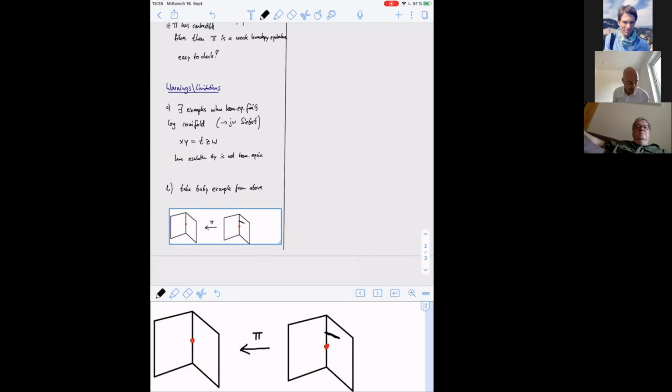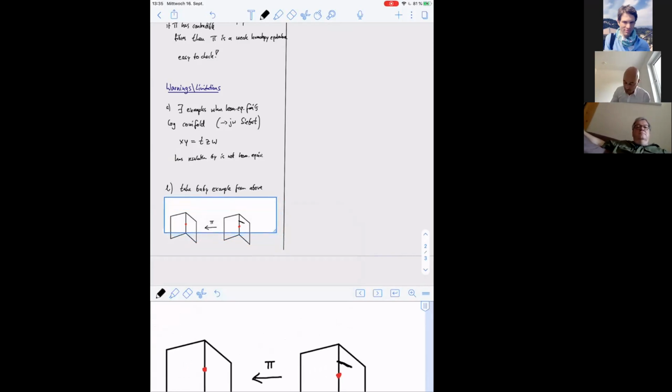Then you see that's not a homotopy equivalence. Blowing up elsewhere is not a homotopy equivalence. And of course you can combine them: you can resolve the log singularity and then blow up somewhere else, or blow up too much. You don't get a homotopy equivalence.